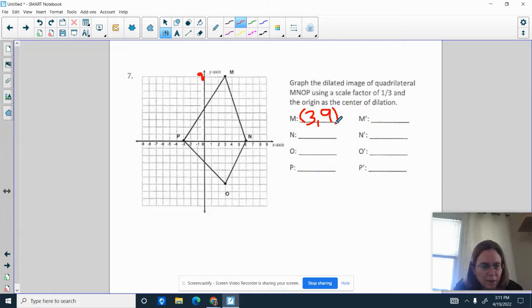Do the same thing with N. Point N is 6, 0. Point O is 3, 1, 2, 3, 4, 5, negative 6.